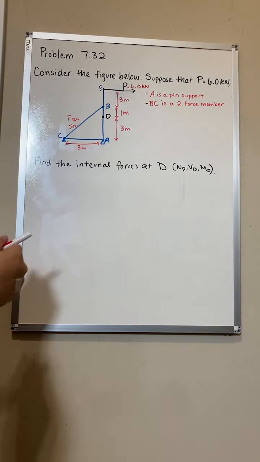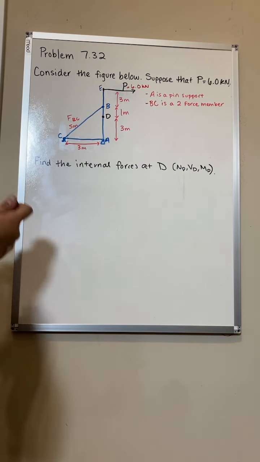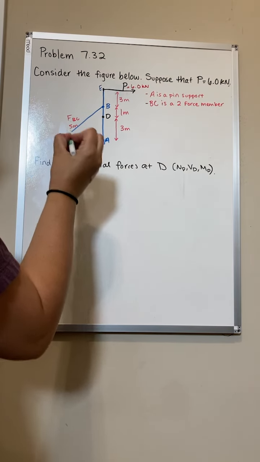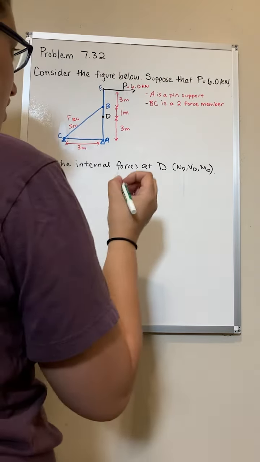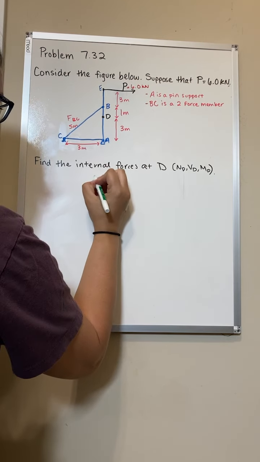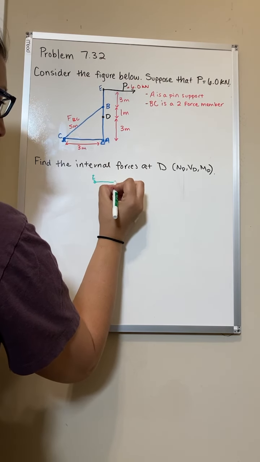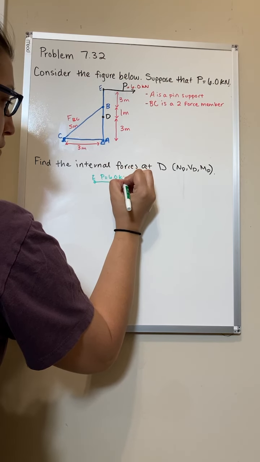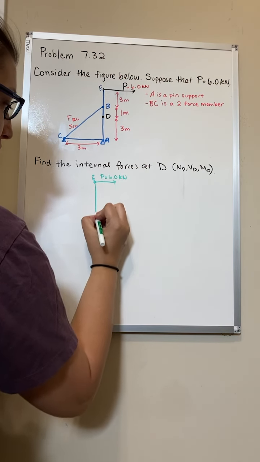So the first thing we're going to do is draw a quick free body diagram of the figure showing the reaction forces. We're going to have E up here. We have our force P, which is equal to 6.0 kilonewtons. Then we have all this distance.